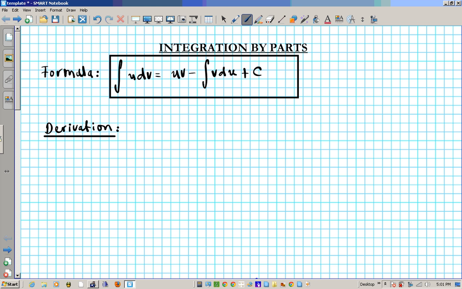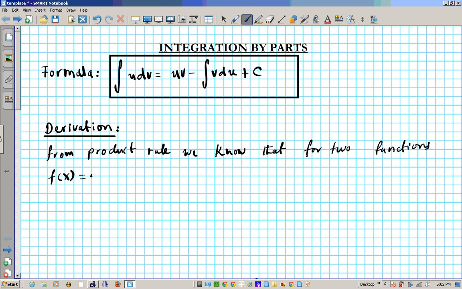So derivation: where on earth did this formula come from? Well, it's an offshoot of the product rule. So from the product rule, we know that for two functions, let's say f of x equals u, and g of x equals v.